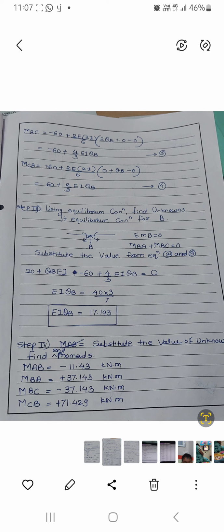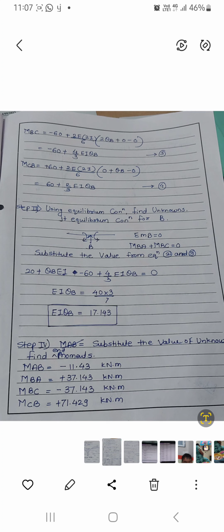That means at this support B, the two moments equate to 0. That means summation of the moment at B is equal to 0. This will be the first equilibrium condition, that is MBA plus MBC equals 0.